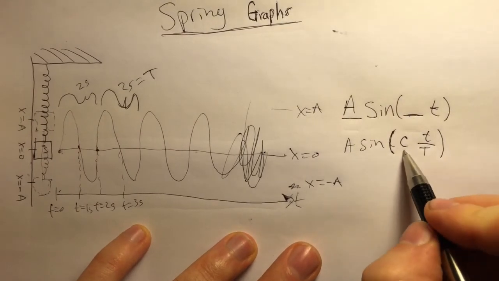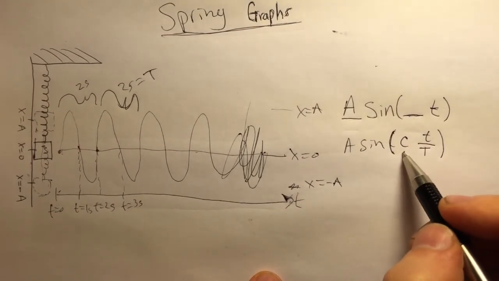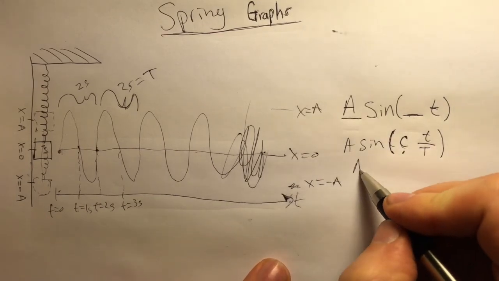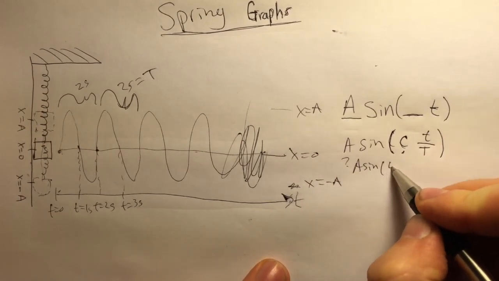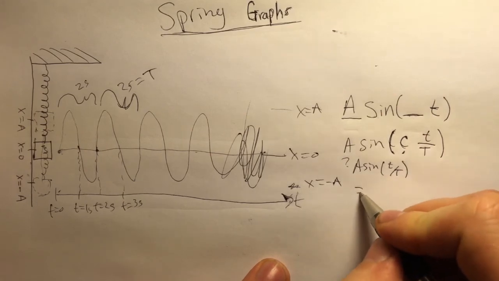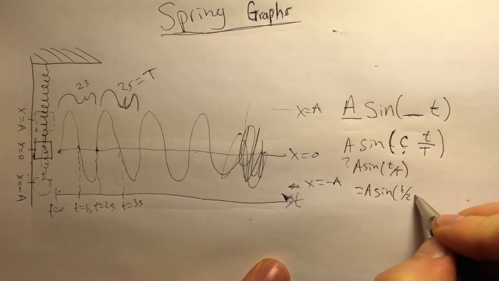Now what is this constant here? Let's just guess it. Let's say it's 1. Okay, so if c equals 1, then we have a sine of t over the period, which is equal to a times sine of t over 2 seconds.